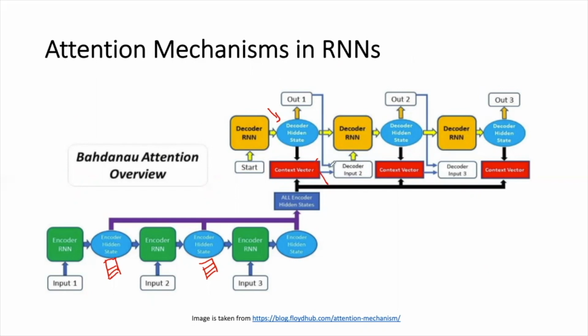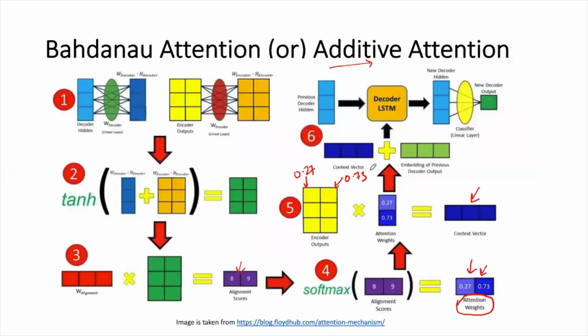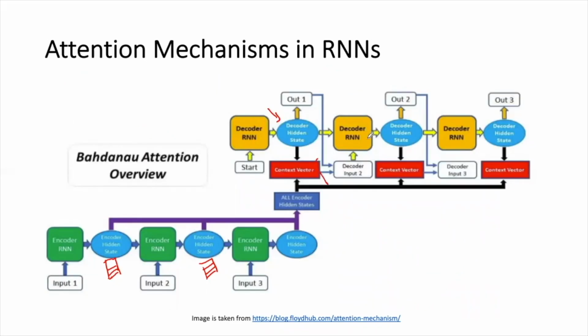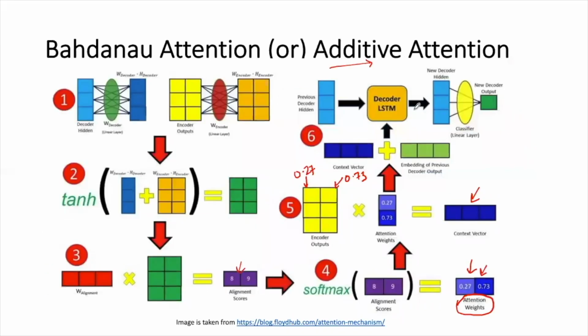So instead of just passing it as it is, here we add the context vector to the vector that was generated earlier, and then pass that on to the decoder. That's the small change that we make. Once we do that, a new decoder hidden state is generated, and from that decoder hidden state we generate the second output word. And this goes on. So this is one attention mechanism.